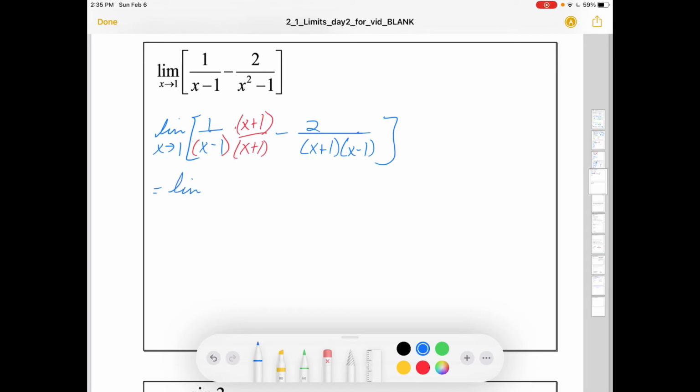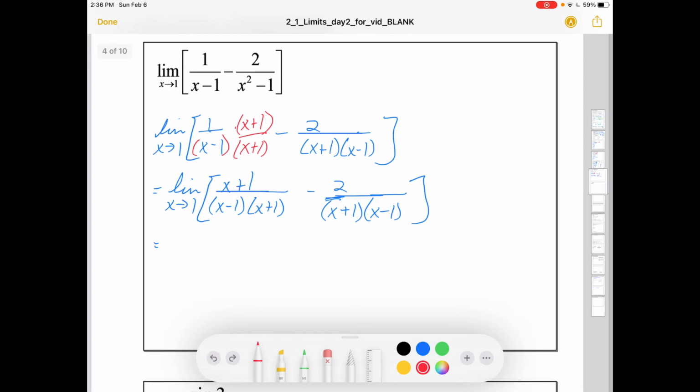And that will give me the limit as x goes to 1 of x plus 1 all over x minus 1, x plus 1, minus 2 over x plus 1, x minus 1. Doesn't matter what order we write them. At this point, we have a common denominator. And somebody might want to do this, but that just puts you back where you started.